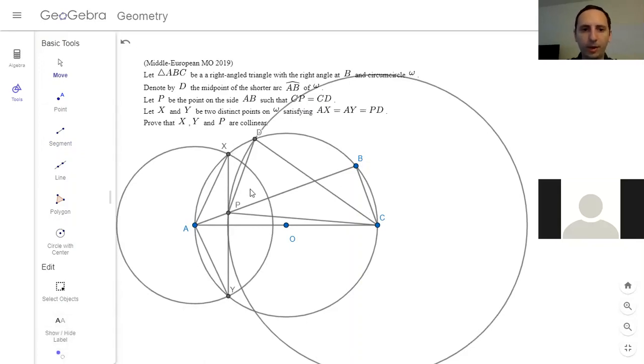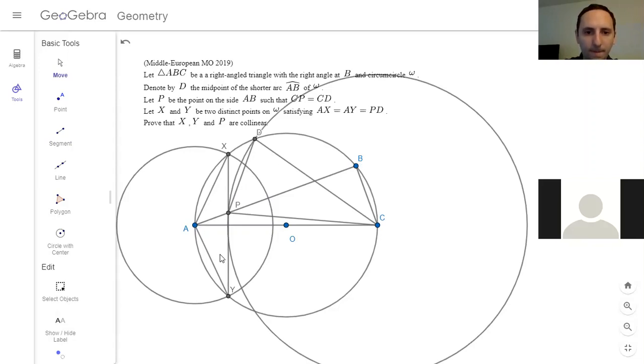Basically, we want to show it lies on the radical axis. So if we can show PA times PB, that's the power of P with respect to this circle, equals PA squared minus PD squared, I like that. Let's see if we can do that.